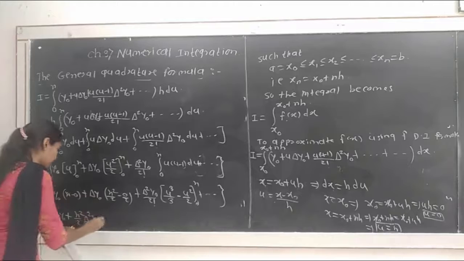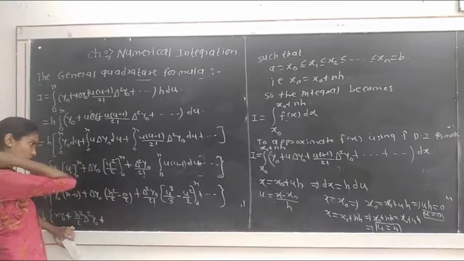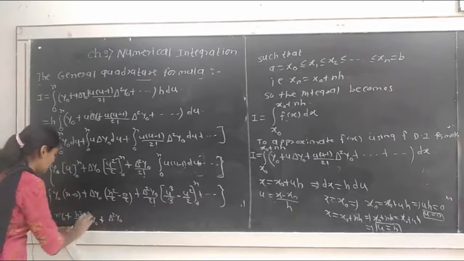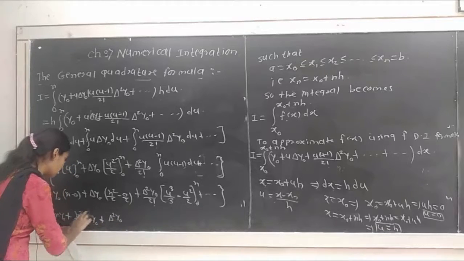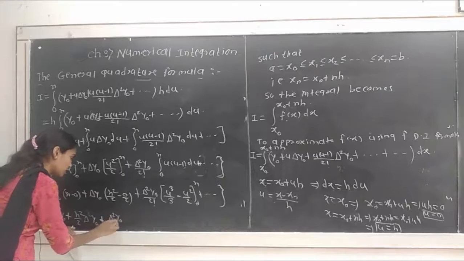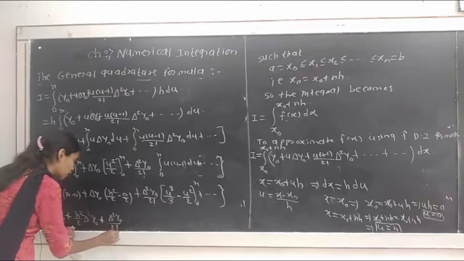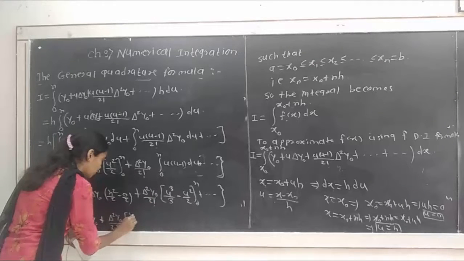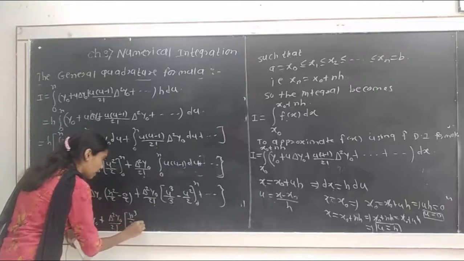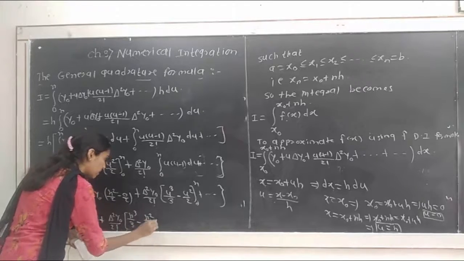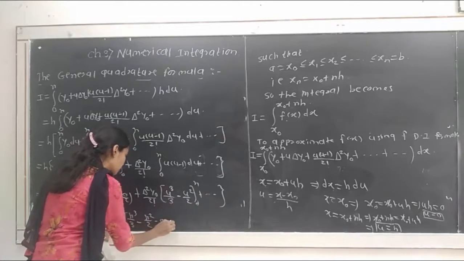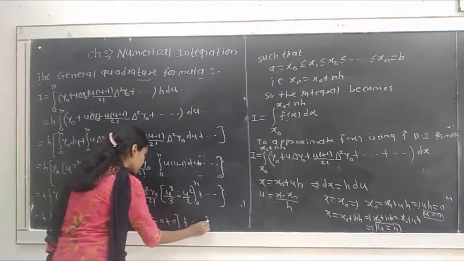Then the next term is delta square y0 divided by 2 factorial, and by putting the limits we get n cube divided by 3 minus n square divided by 2. Then by putting 0, this term becomes 0, plus so on.